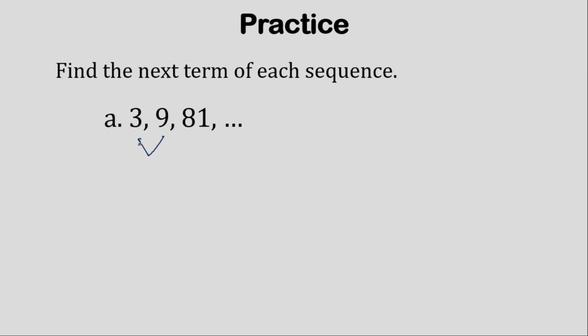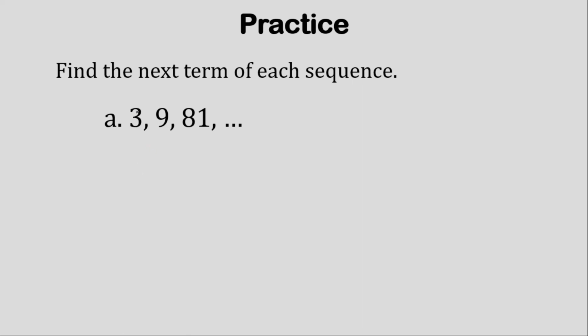All we have to do is take 3 and multiply it by 3, then we get 9. Now on this part, we cannot multiply 9 by 3 because if we multiply 9 by 3, we get 27 instead of 81. So what is the pattern for this?